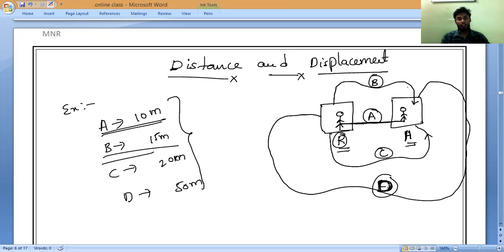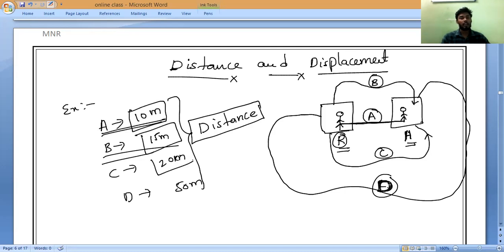So every path length is called distance. Every path length is known as what? Distance. So I am talking only about the total length of the path. I am not saying to Danishkar, go to the right side, go to the left side, go straight, go back and come front.